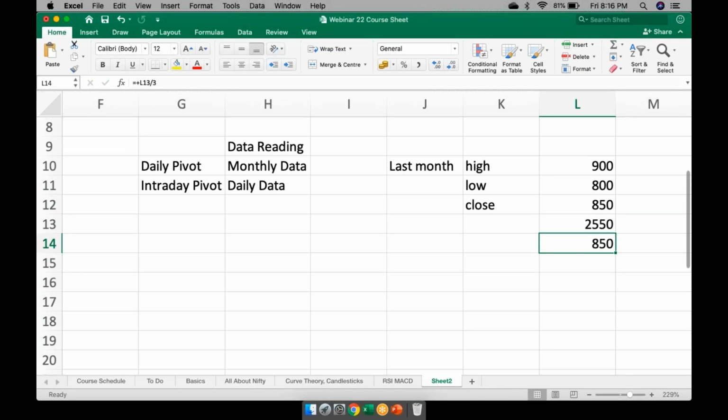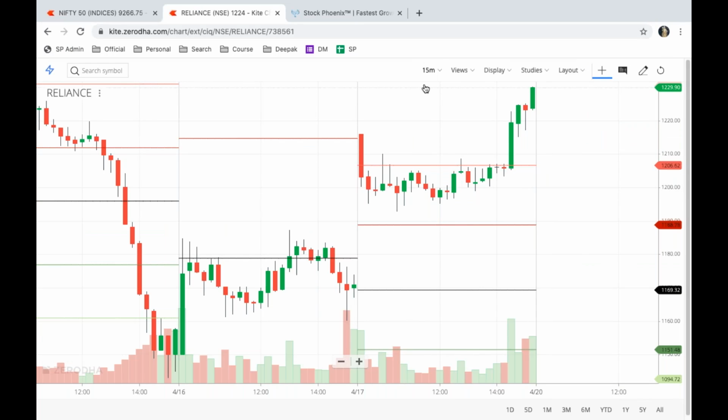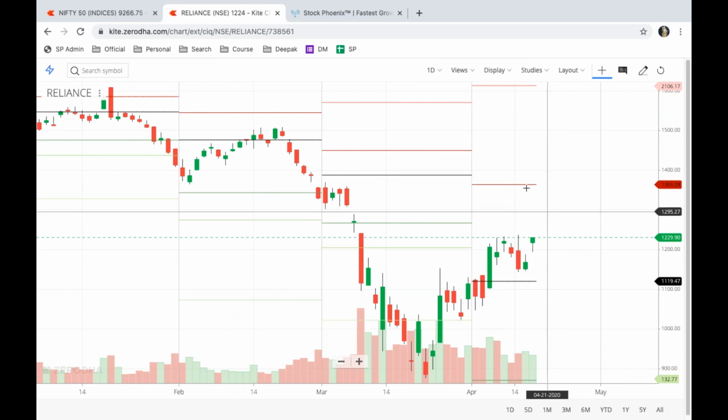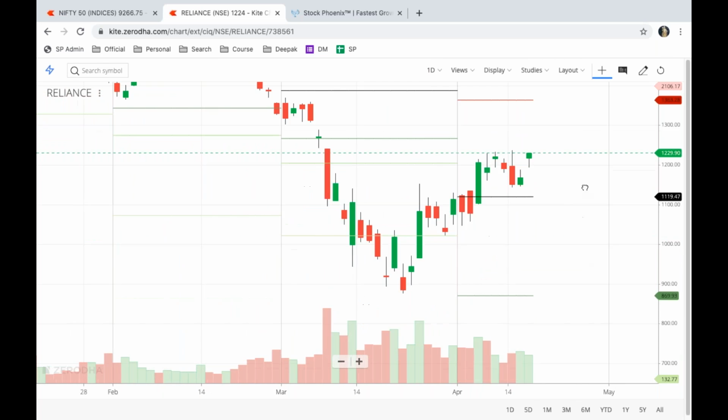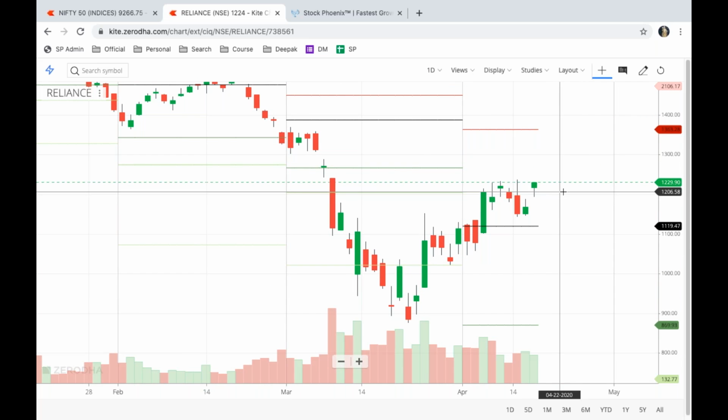Very simple. You don't have to calculate this pivot point by yourself, because it is absolutely not required. When you add a pivot, it will show you the data by default. We will see the pivot by images and not by readings.